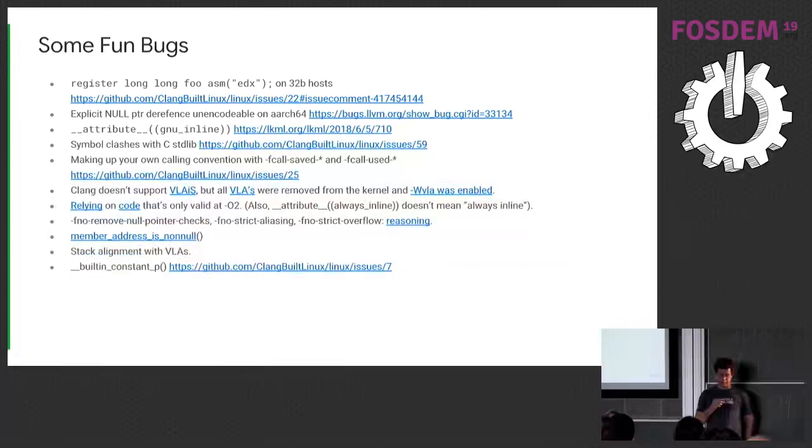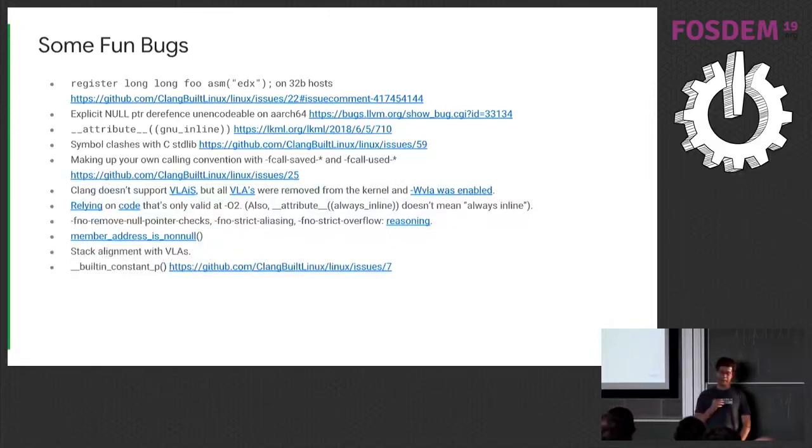The very first one, which was interesting: if you see this statement here, you're declaring a variable foo. It's a long. We had this issue in Clang on 32-bit hosts, where according to their ABI, long should be 64 bits. And you're saying, please use register EDX, for instance, so you can guess which architecture this is. Please store it in a register.